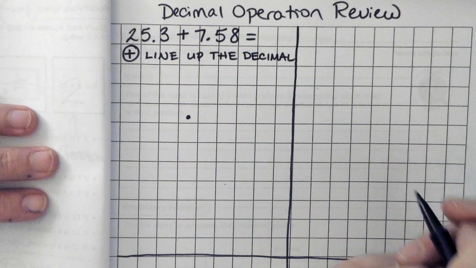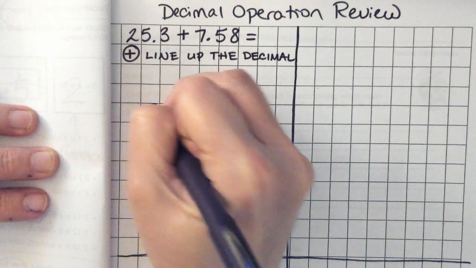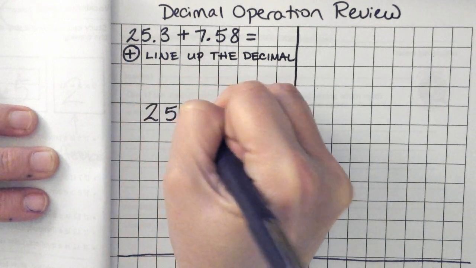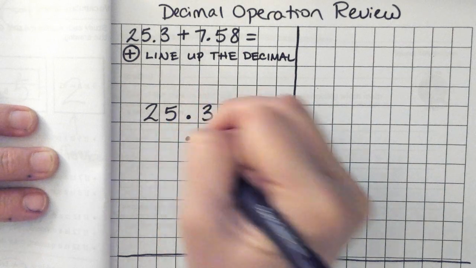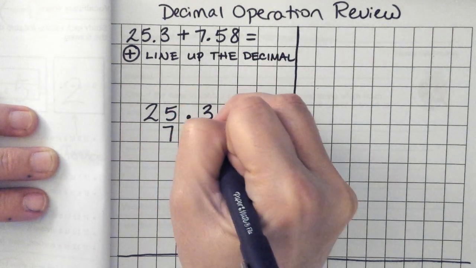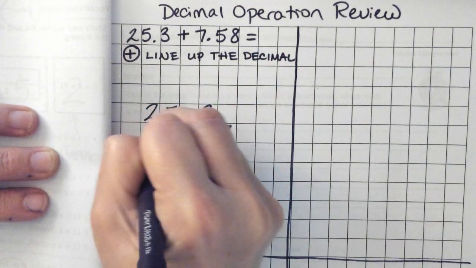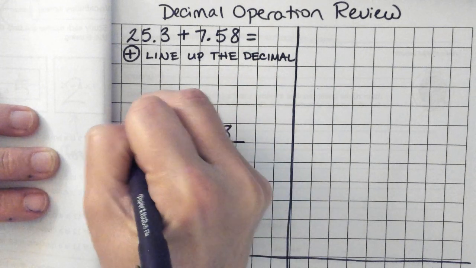Okay? And then I'm going to write the number going around it. Okay? And then I'm going to write my second number, and I'm going to start with the decimal, and then I'm going to fill in around it. Okay?